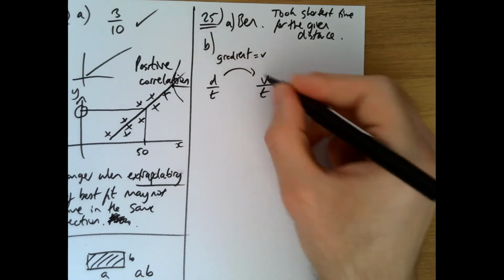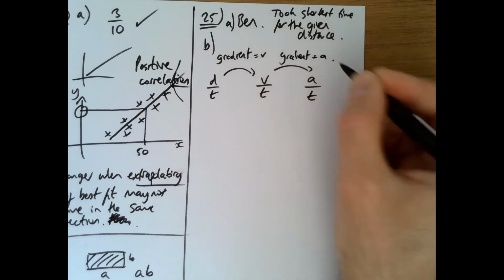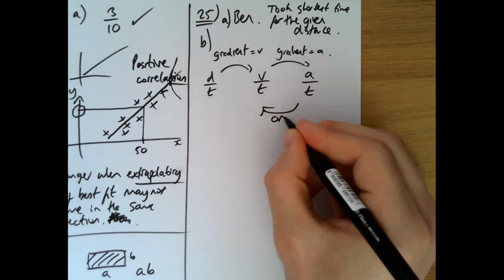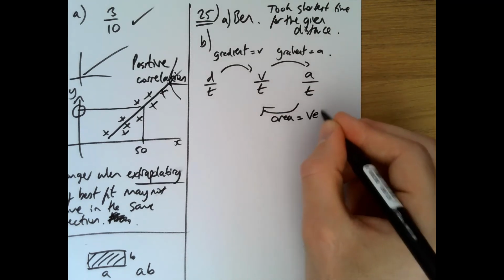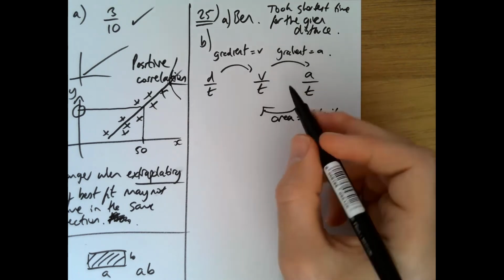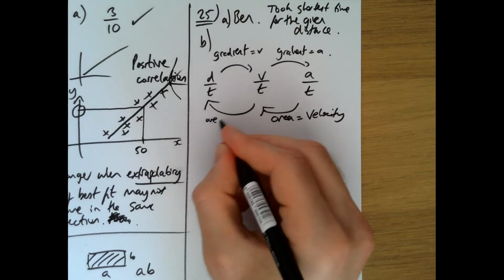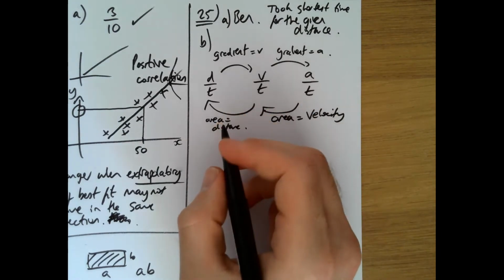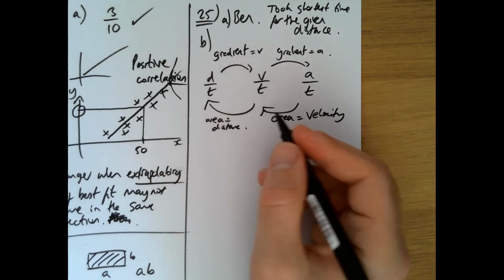If you had a speed time graph, the gradient would give you the acceleration. And then you can work the other way. Area under an acceleration time graph gives you the velocity, which is just the posh word for speed, and the area under a velocity time graph gives you the distance. If that's gone over your head, don't worry about it. But basically, with a distance time graph, the steeper something is, the quicker they're going.